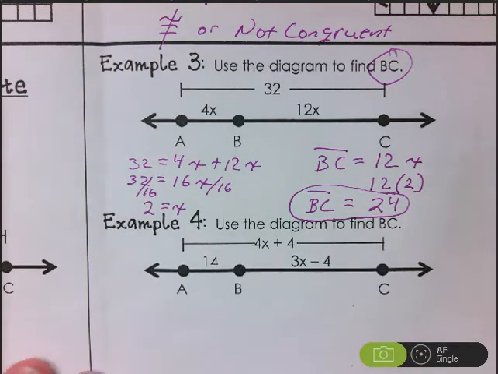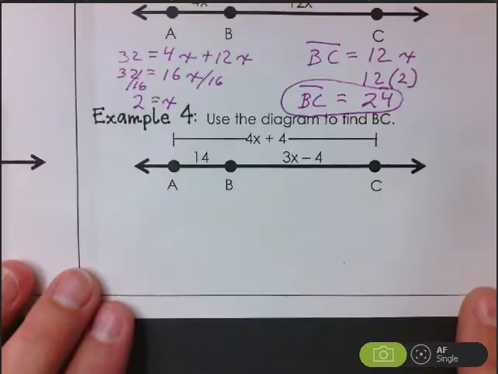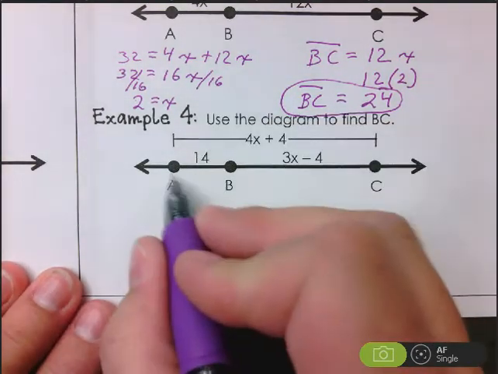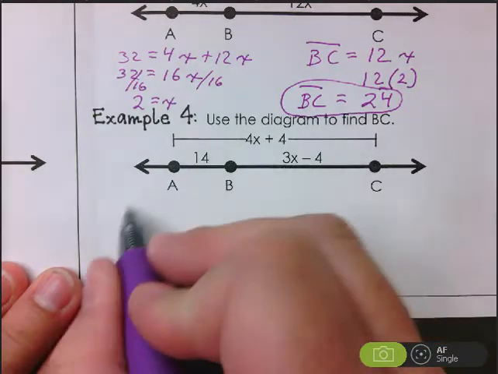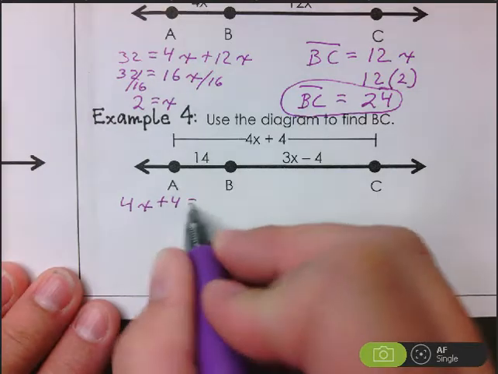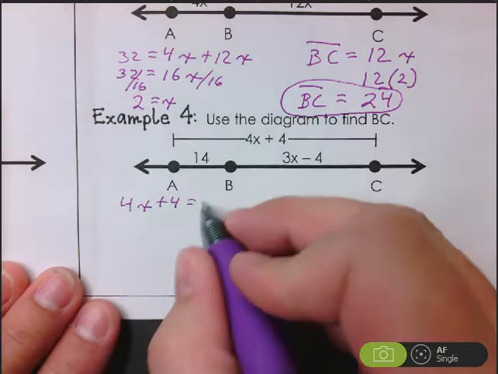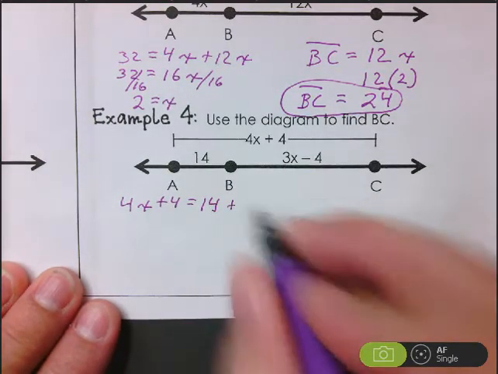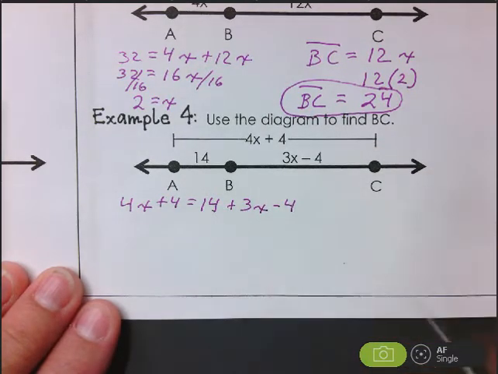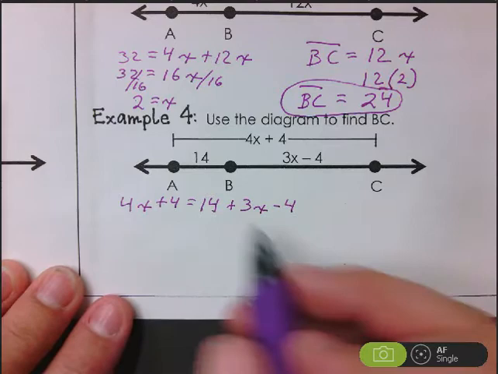Okay, let's try another one of those. So example 4, we're going to use this diagram again to find BC. So this time it tells us AC is 4x plus 4 equals my AB, which is 14, plus my BC, which is 3x minus 4. Okay, so I'm going to combine some like terms.